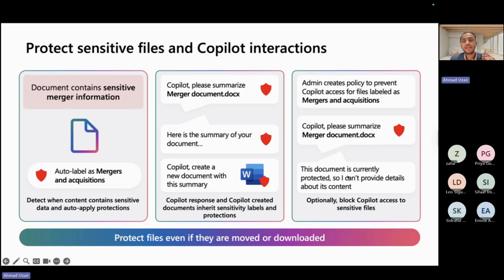Copilot will say it is protected and it can't provide anything about that content, right? So hence we protect the confidential documents, and we prevent any insider risk by blocking Copilot's access to those specific documents, and labeling the documents as confidential, right?